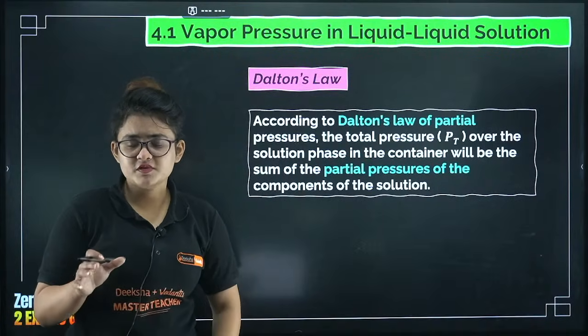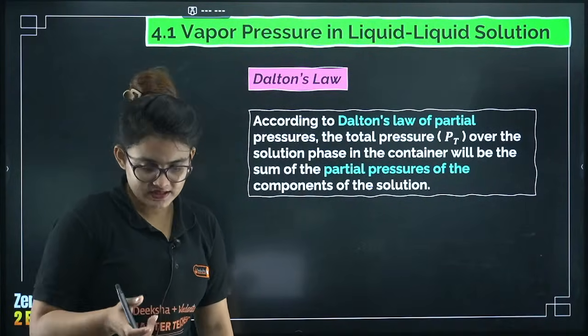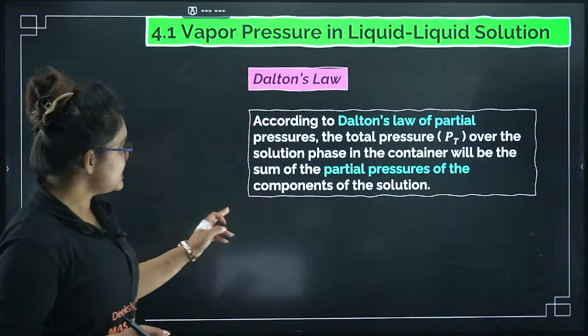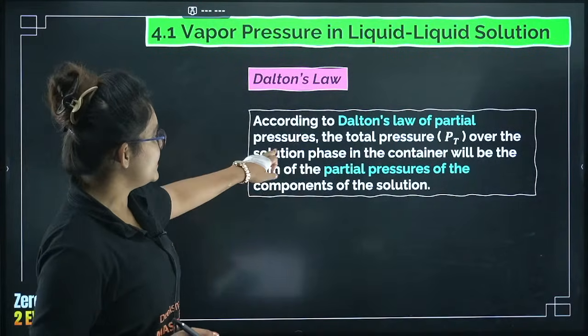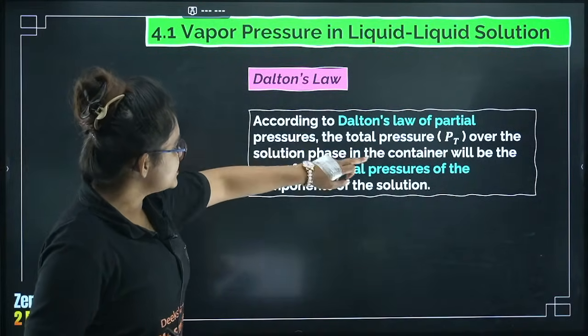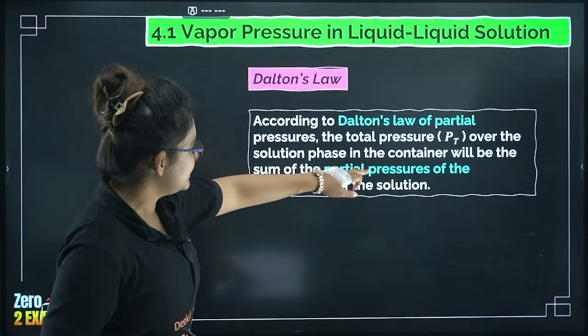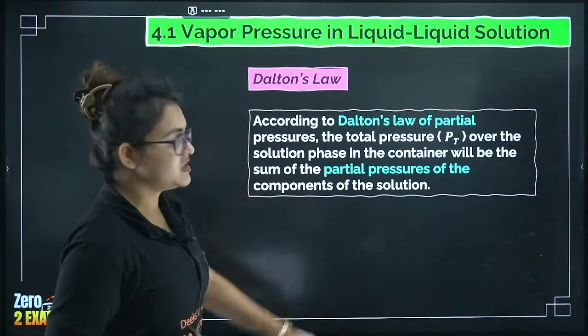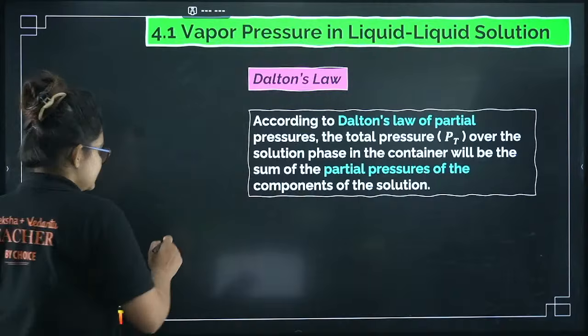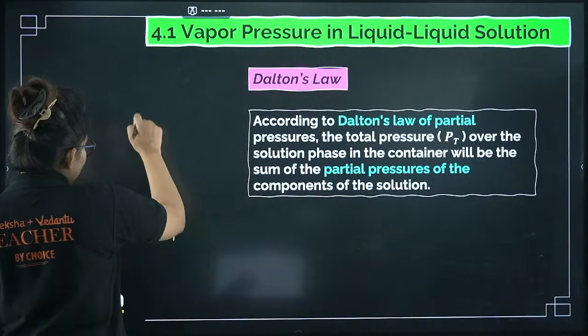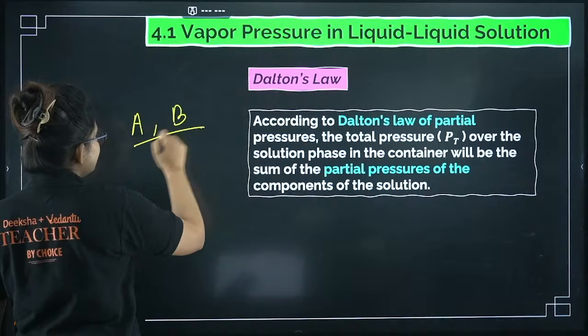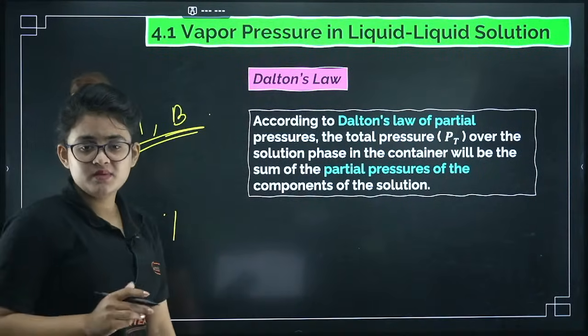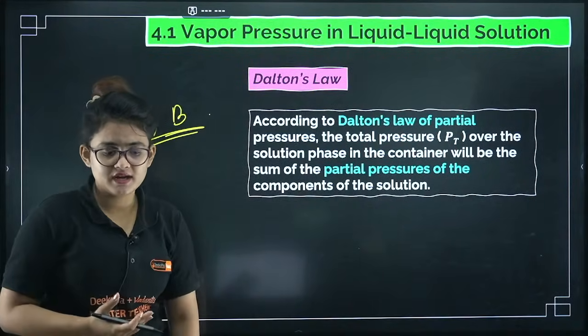Someone was asking me about that question only, about partial pressure. According to Dalton's law, the total pressure over the solution phase in the container will be the sum of the partial pressures. I am having A and B, two volatile liquids, in my container.